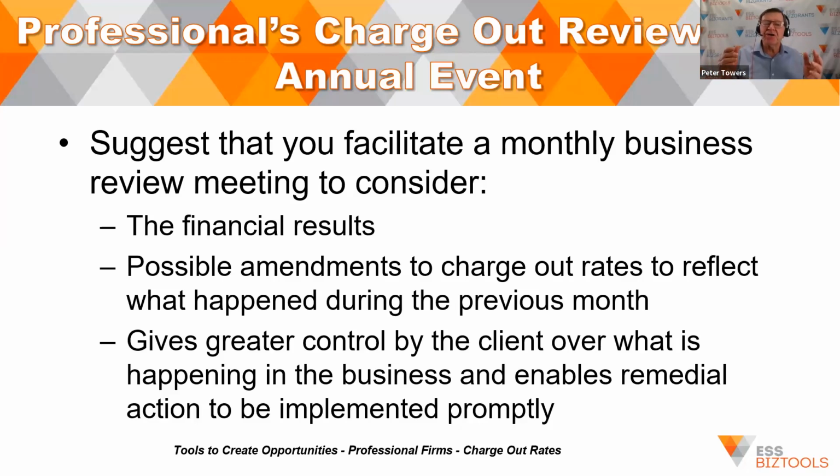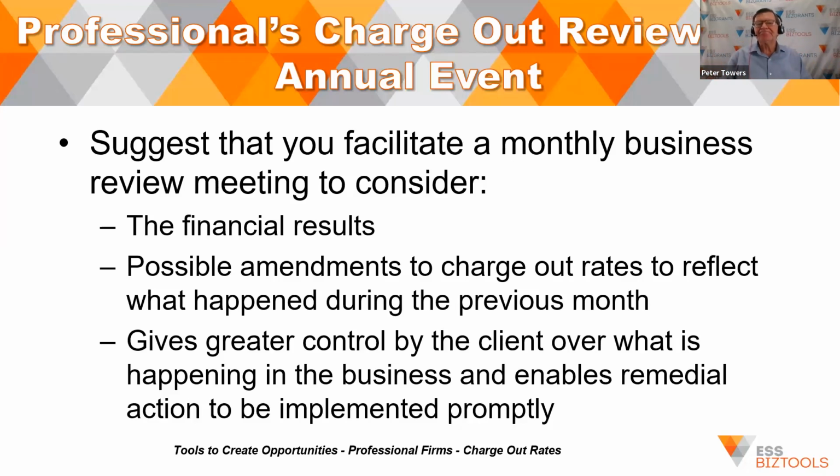This gives greater control to the client over what is happening in their business and enables remedial action to be implemented promptly, not in 12, 14, 15 months' time, but within 4 to 5 weeks of the start of a month.